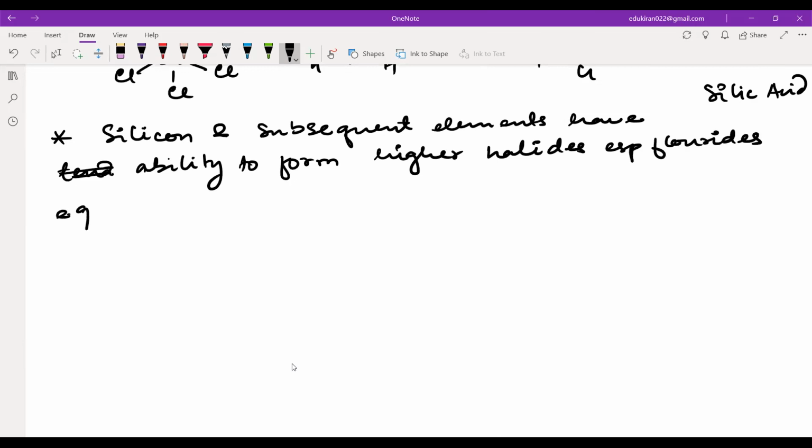For example, you will be forming, as any element, and there will be 6 fluorine attached to it, and there will be an overall 2 negative charge on the ion. So you can form SiF6 2 negative.